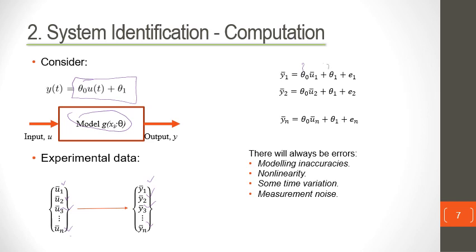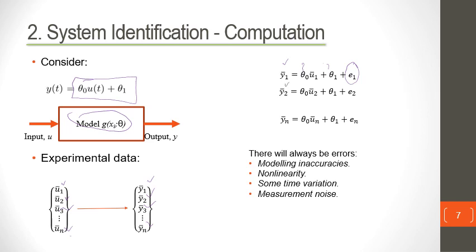We can reconstruct a set of equations, where y1 would be equal to theta 0 times u1 plus theta 1 plus another error, a possible error that may have occurred in our experimentation.